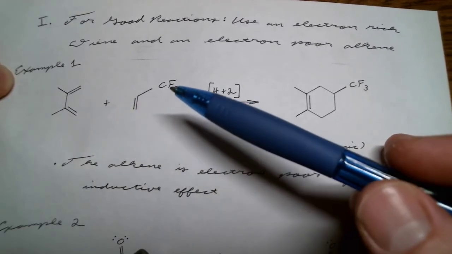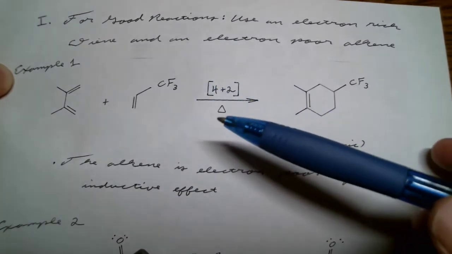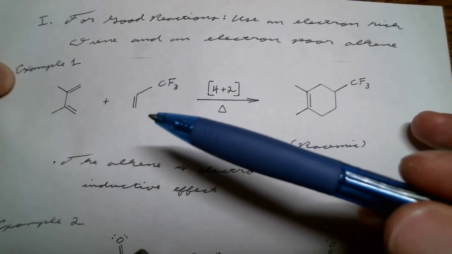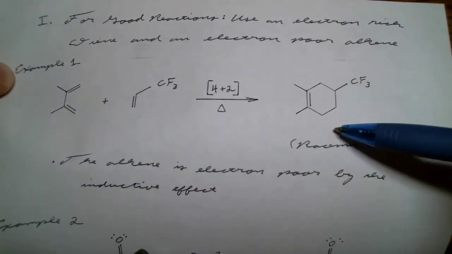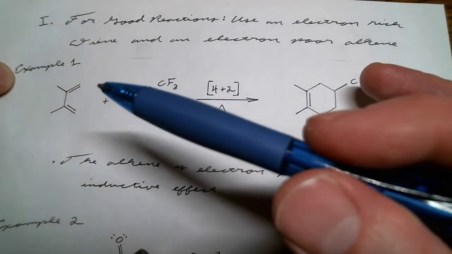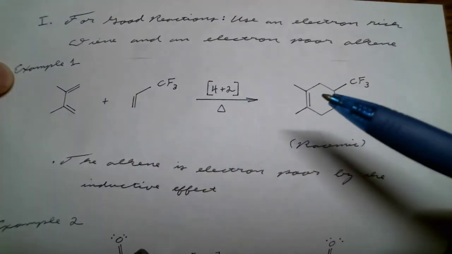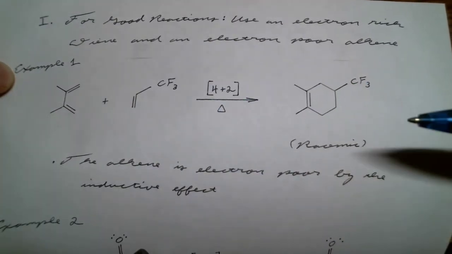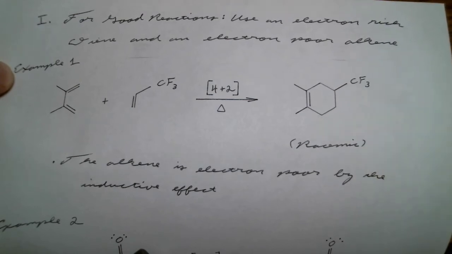Here we've got a trifluoropropene, or trifluoromethyl ethylene, whichever way you want to call it. We can react those with our magic 3 double-headed arrow pushing mechanism, and we can get this cyclohexene in a racemic form. We've got a stereocenter there.